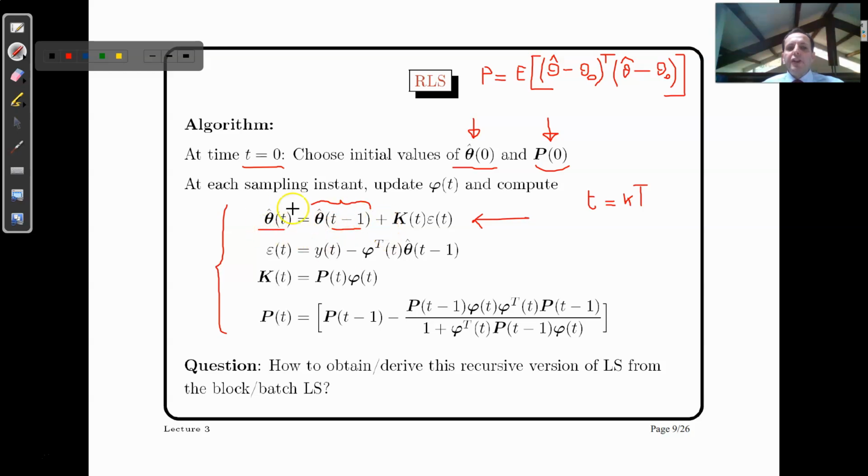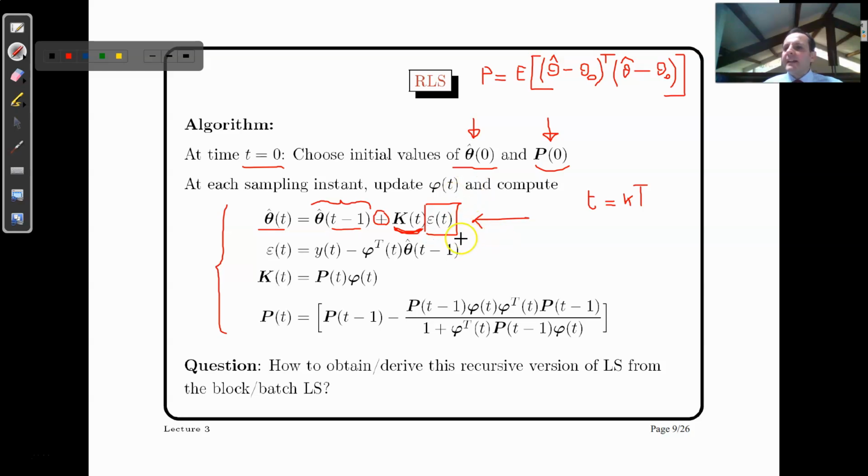We have that the new value is equal to the previous value plus, and this is important, you modify your previous solution, because if you remember, the parameter is changing. So the new value is the previous value plus a term with a parameter K, which varies with respect to the error.